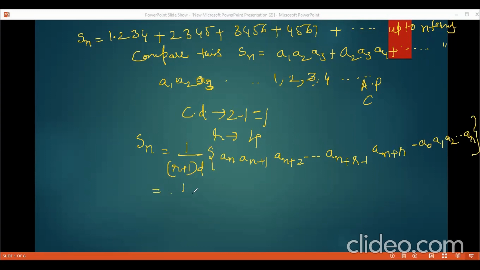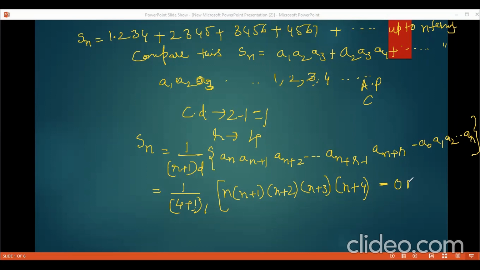Now we write 1 by 4 plus 1 into D, which is again 1. And what is An here? An is N, right? N into N plus 1 into N plus 2 into N plus 3, up to 4 factors, into N plus 4 minus... what do you get? A naught is 0. And A1 is 1. So 0 into 1 into 2 into 3 into 4.